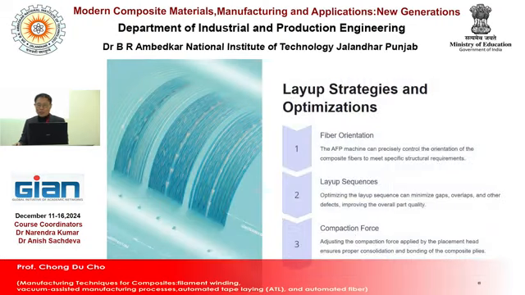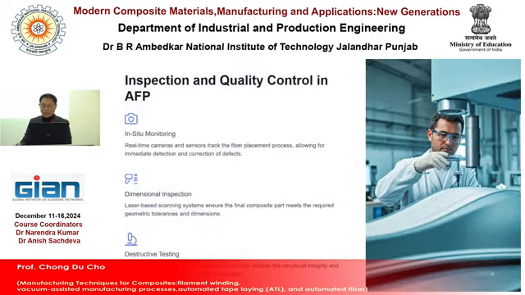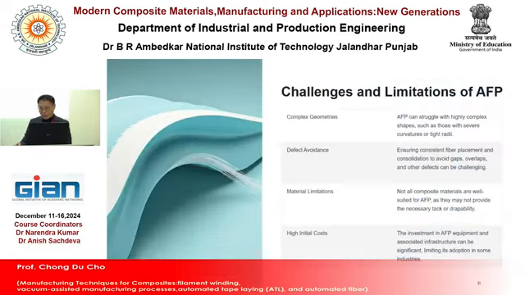And the challenges and limitations of AFP are complex geometry. So it still has some limitations, like ATL, including defect avoidance, material limitations, and high initial cost. Still, there are limitations.